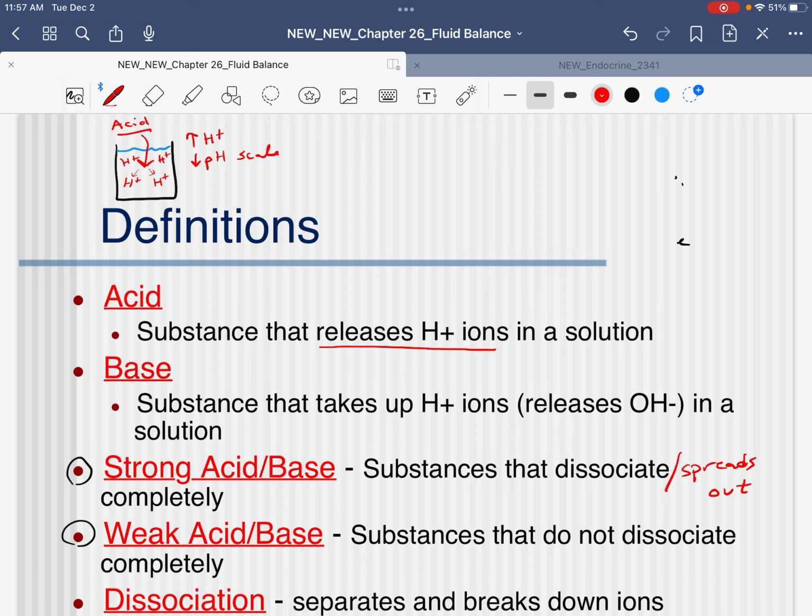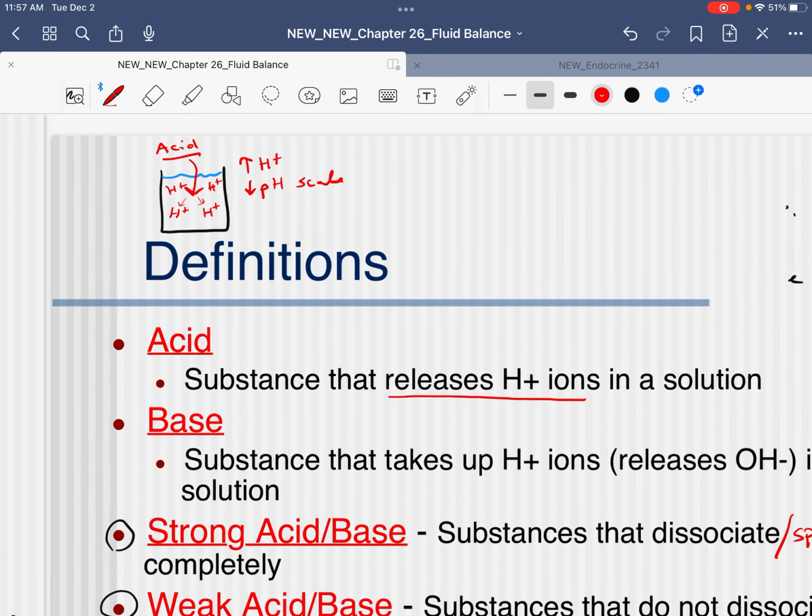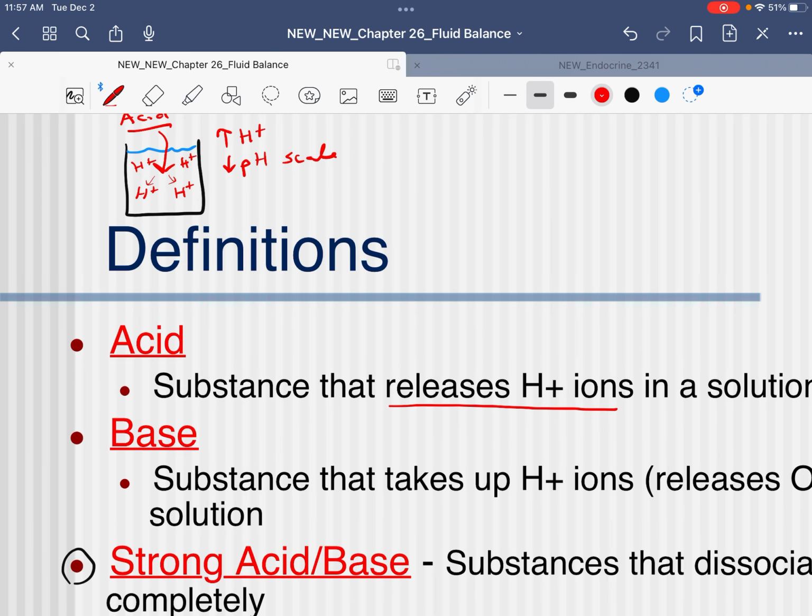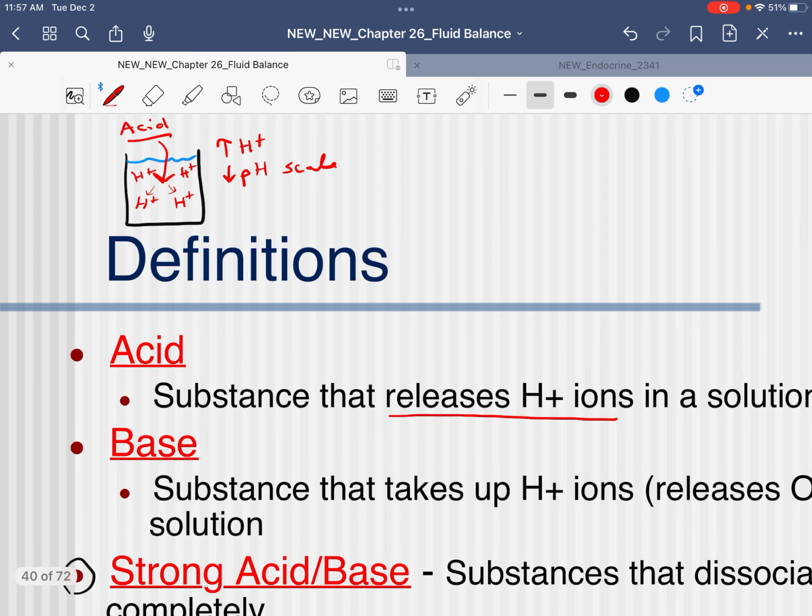So in a strong acid, for example, the hydrogen will spread out completely and evenly. And that's kind of what I've drawn up here. This is what a strong acid would look like, because the hydrogen spread out evenly in the solution.